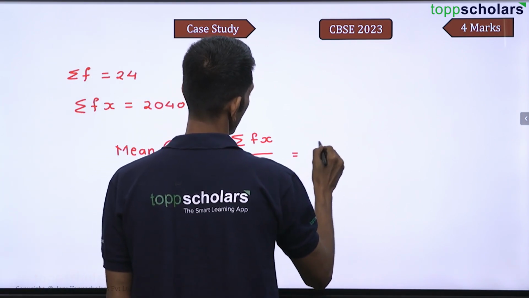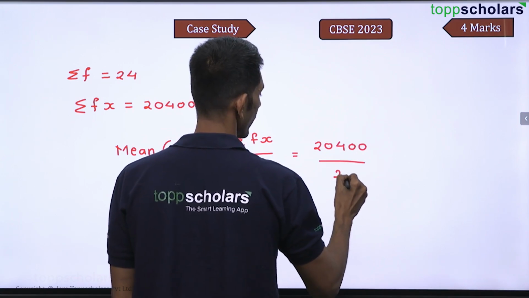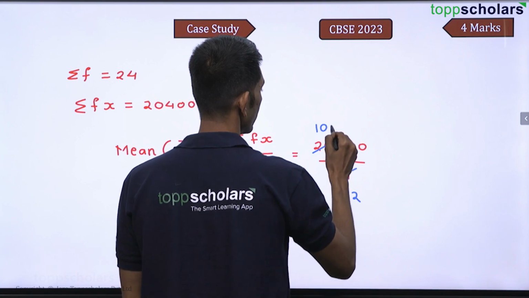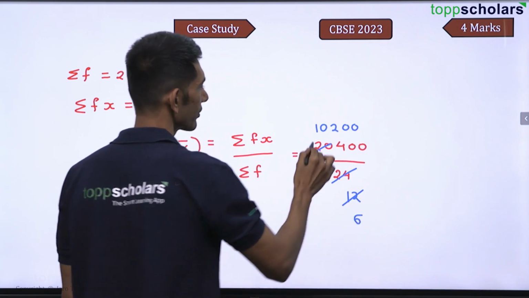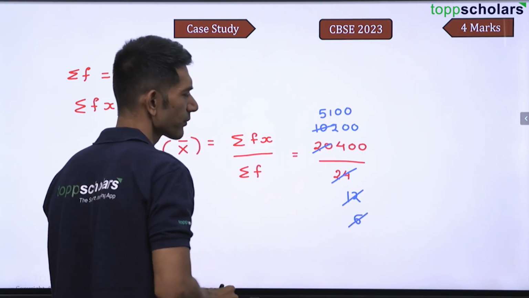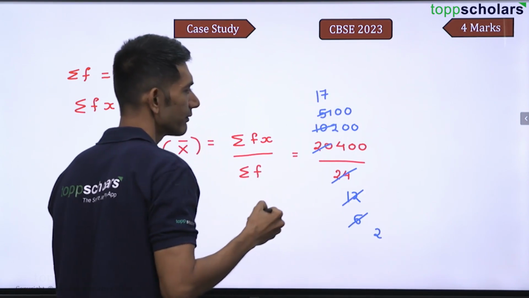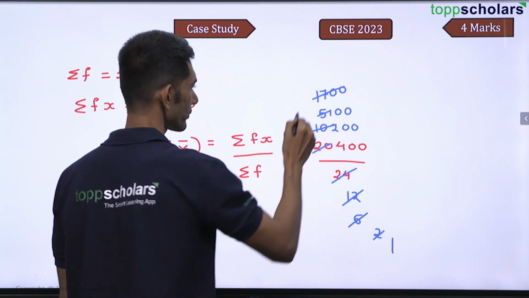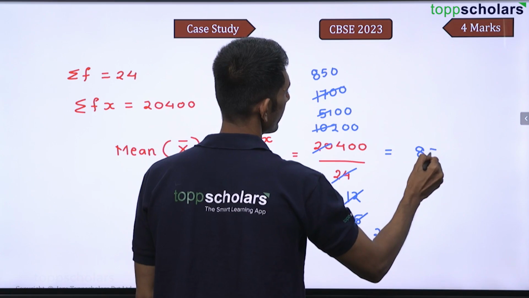That is equal to 20400 divided by 24. If you divide by 2, this is 10, this is 2, this is 0 0. Again you can divide by 2, you get 6. If you divide by 2, you get 5 1 0 0. Again you can divide by 2, you can divide by 3 also. 3 2s are 6, 3 17s are 51, and then 0 0, and then 1700 divided by 2, that is 85, and then 0. So can I say I get 850.